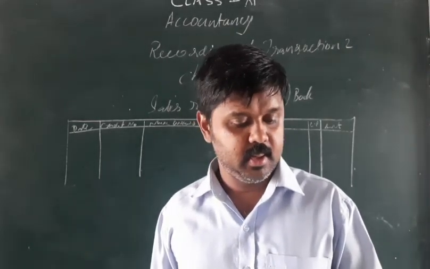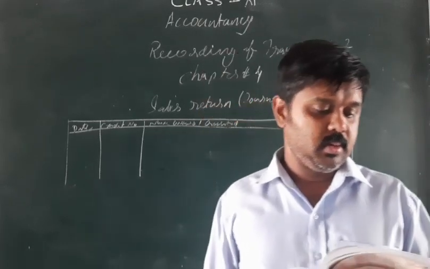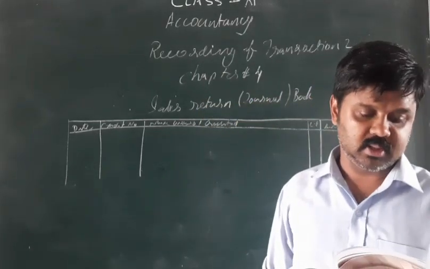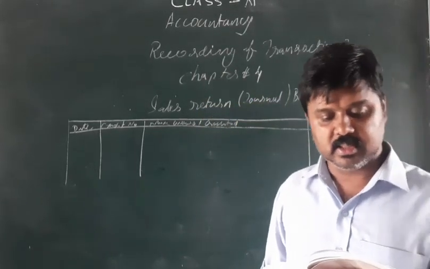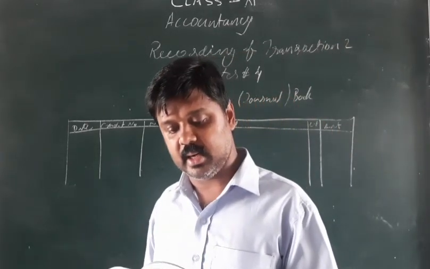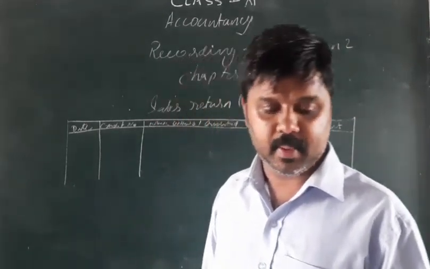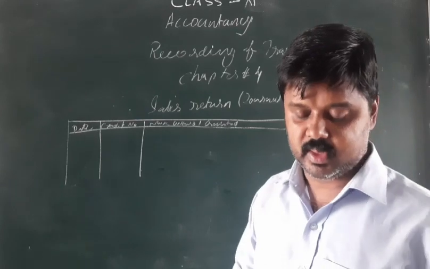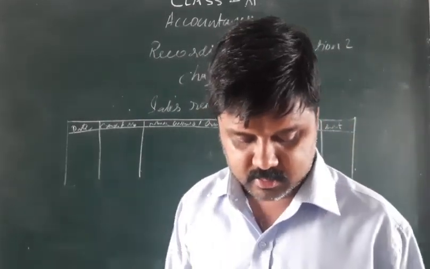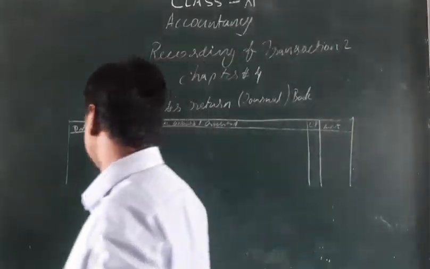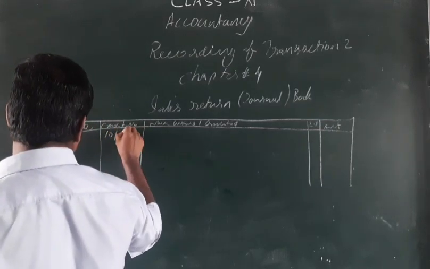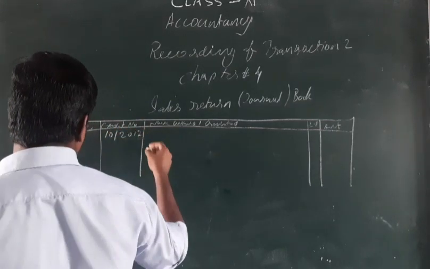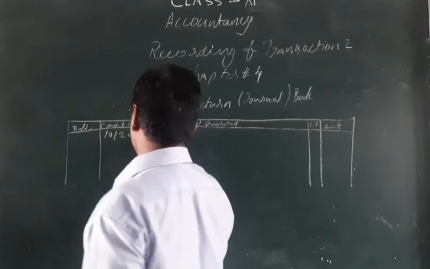Credit note number 10/2017. In this case, the sales return journal book will be prepared as follows. Very simple. The date is not given, but the credit note number is given. And which customer? Raman Traders.